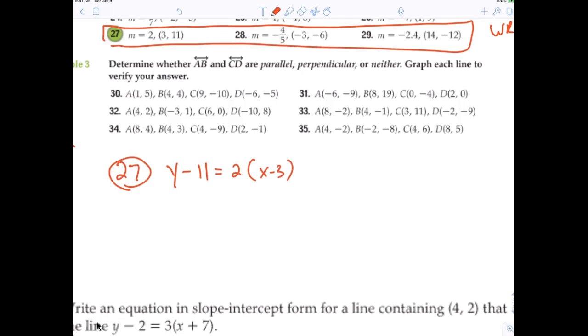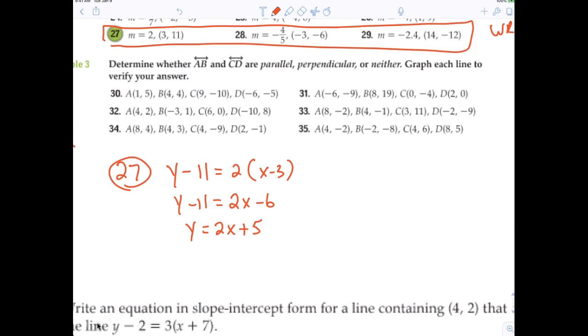Now that normally would be the answer, but I changed the directions for these three. So y minus 11 equals 2x minus 6. Beautiful. And then y equals 2x plus 5. That's all there is to it, guys. You have to know both forms.